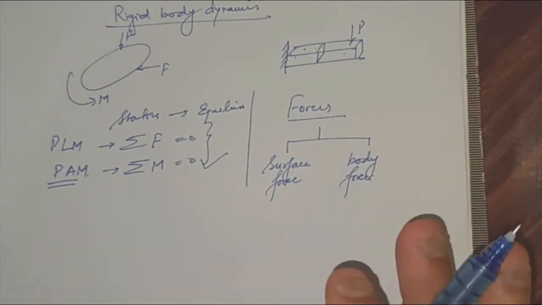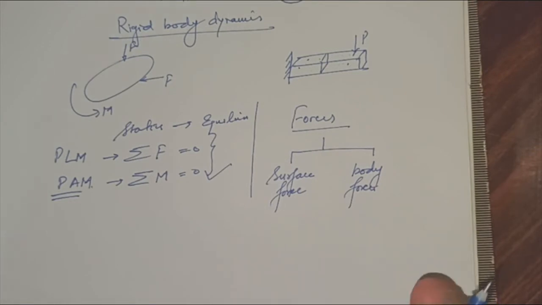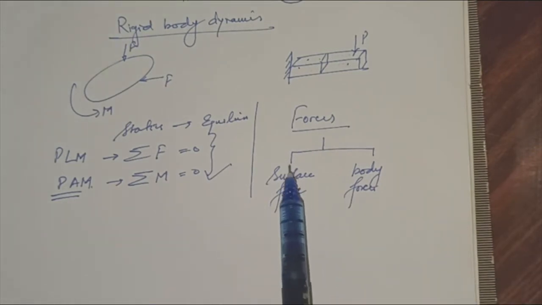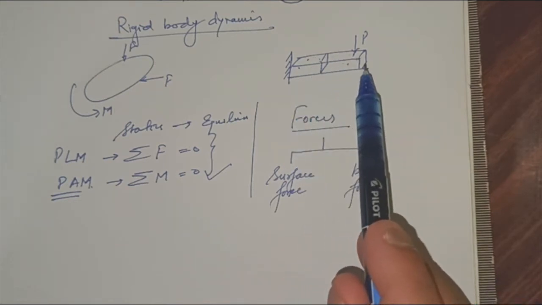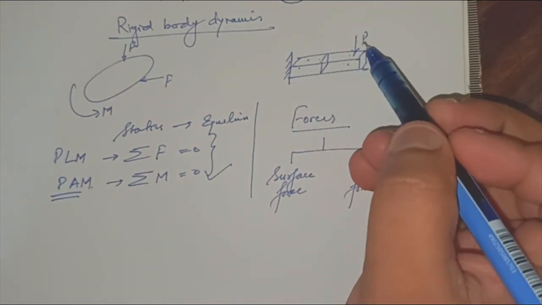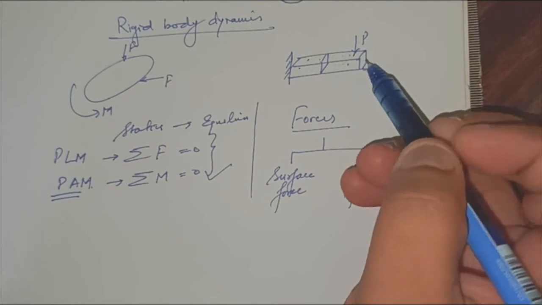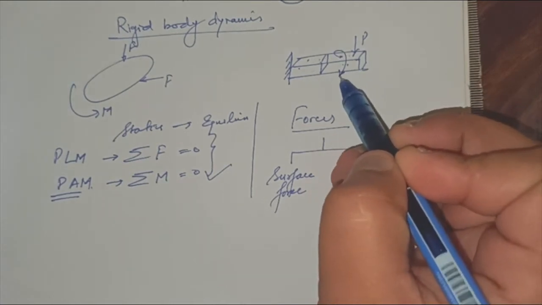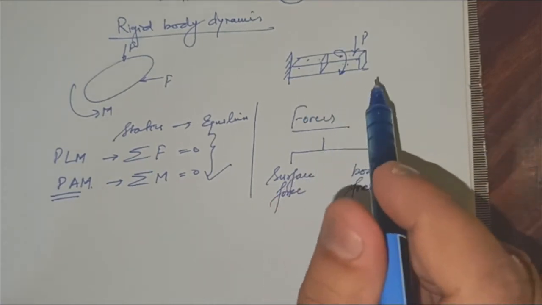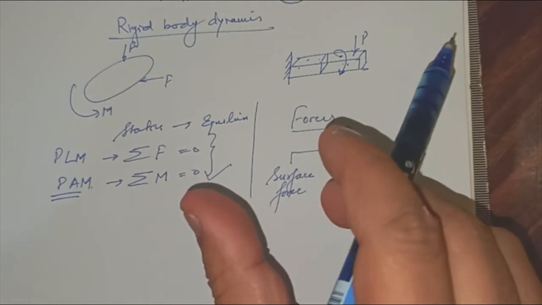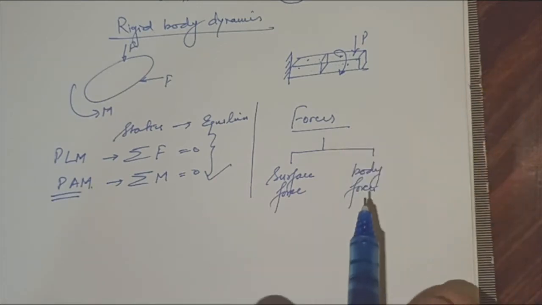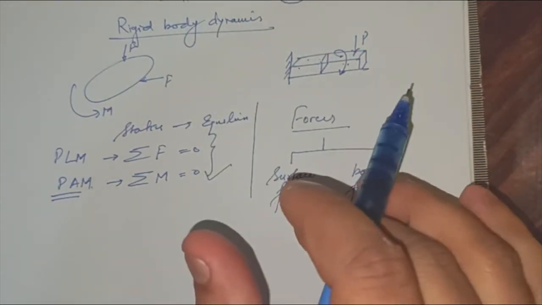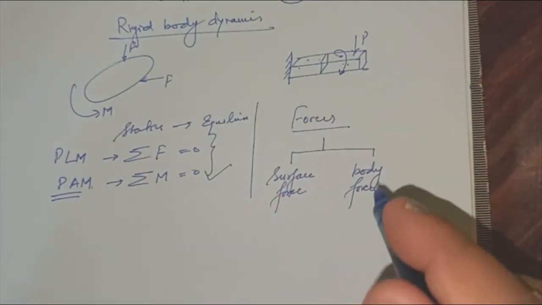I would not like to go into the semantics of this. I would directly tell you what these forces are. A surface force is any force that is applied on the surface of the body. Like if I have applied P, this is a surface force. If any moment is applied, then that moment is applied because of the effect of some force, so that also comes under surface force. Any other force applied on this will be a surface force.